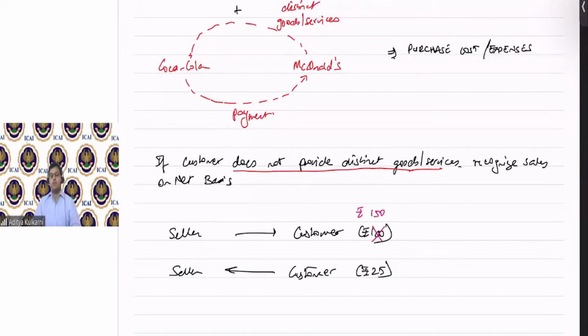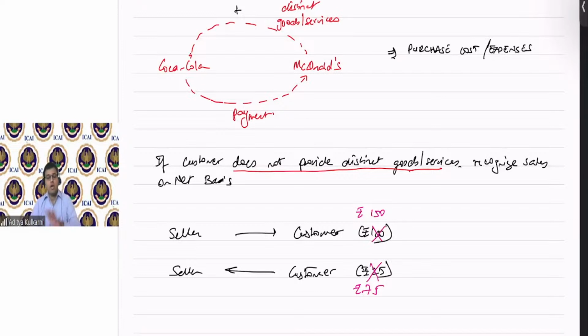I will make it 150. Why should I pay you 50 rupees extra? Customer bolega, don't pay me 50 extra. Instead of 25, you sell to me at rupees 75. So therefore, seller to customer revenue is jacked up by 50 rupees. Customer to seller revenue is again jacked up by 50 rupees.